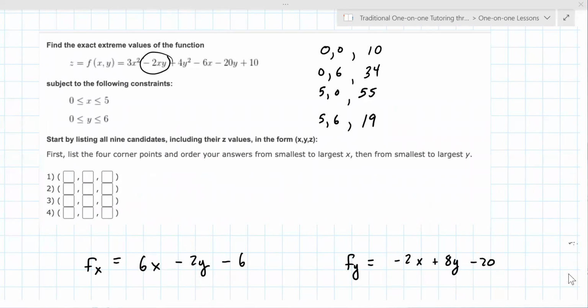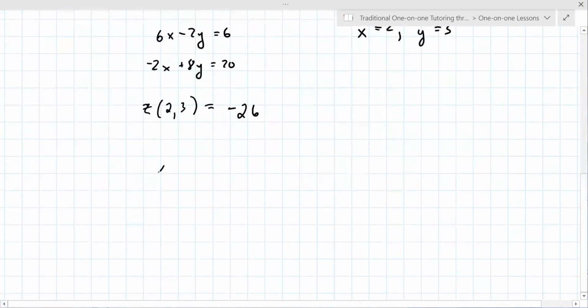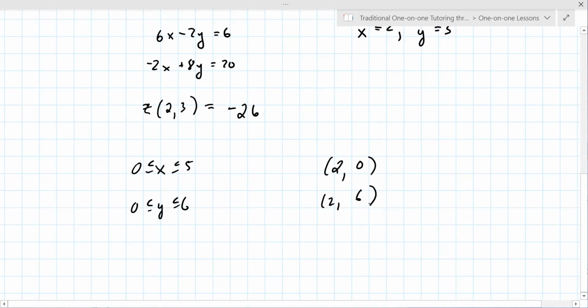Unless they want you to check now, for example, since X goes from 0 to 5, and Y goes from 0 to 6, it's almost like they want you to say, okay, assume X is 2, you would now try 2, 0, and then 2, 6. And I'm pretty sure that's probably what they're going to want here. And then you would say, okay, well, Y is 3. So X is 0, and then 5, 3.